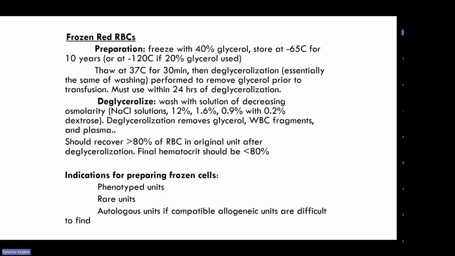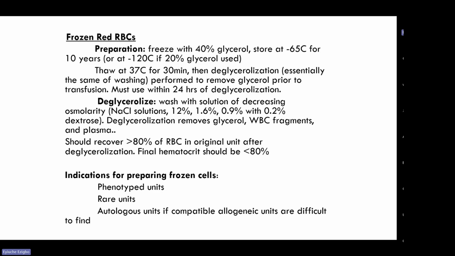Indication for preparing frozen cell phenotyped units. Why is it necessary to prepare frozen cells? In some situations, they have typed units that have some rare antigen, rare blood groups that may be needed in the future for a particular procedure in some patients.